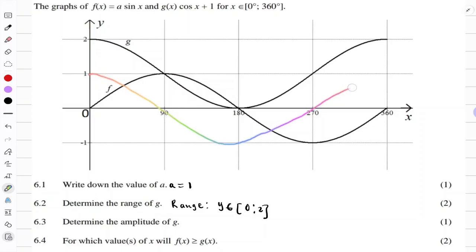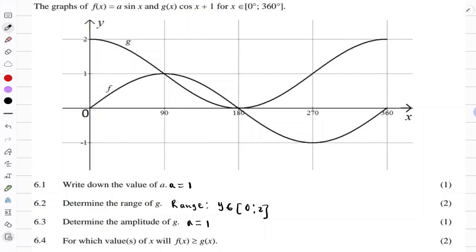But remember, there is a vertical shift of positive 1, hence the plus 1 here. So this becomes your new center line for g. The maximum positive y value with respect to the center line is 1, because from here to here is 1 unit. So the amplitude for g is equal to 1.